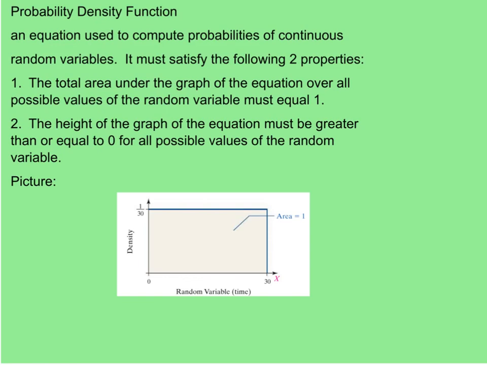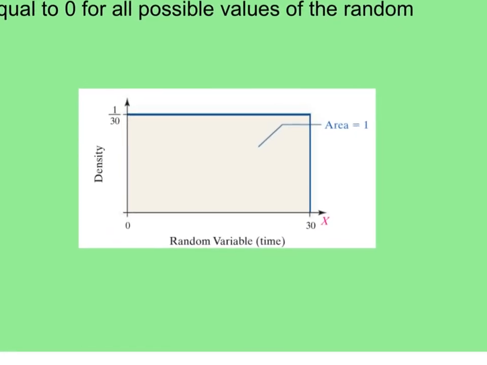Let me zoom in on the picture a little bit here. In that example of my friend being late, they are always some number between 0 and 30 minutes late. Again, I don't know how many minutes late, but they're always late. So somewhere between 0 and 30 minutes late, and any two outcomes are equally as likely.